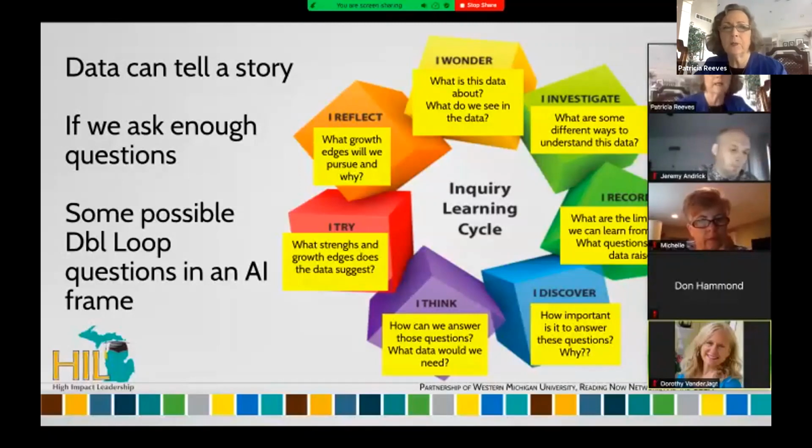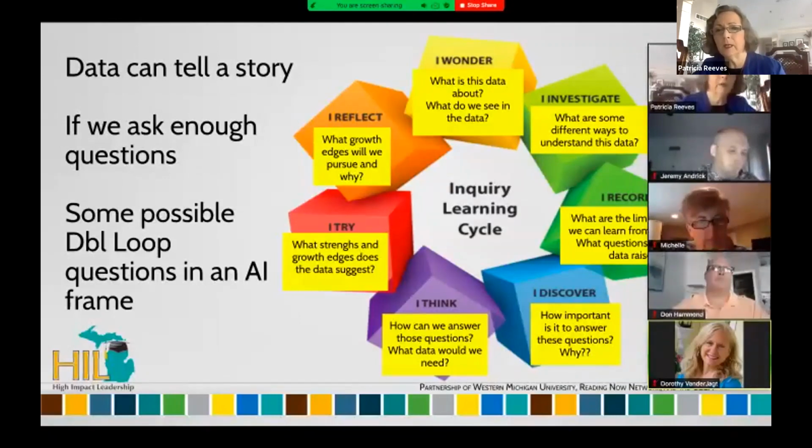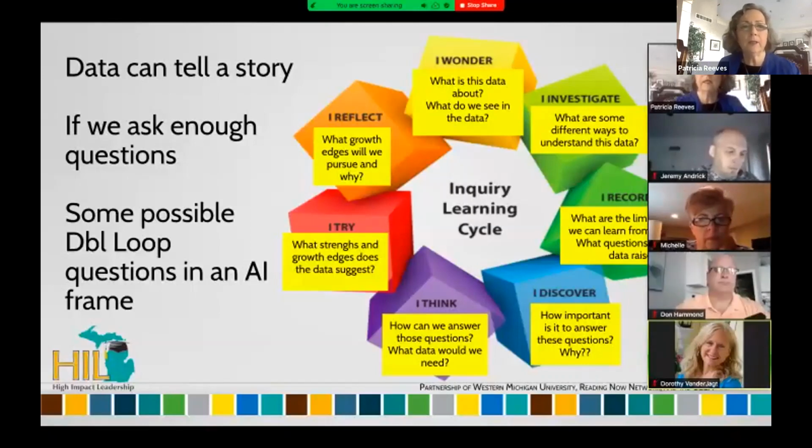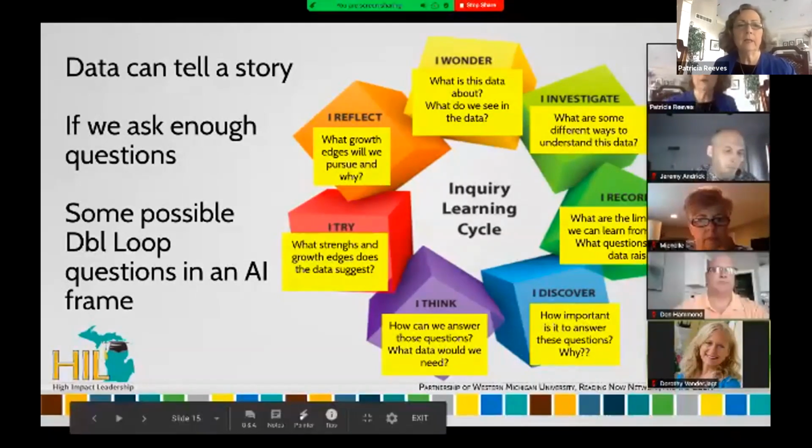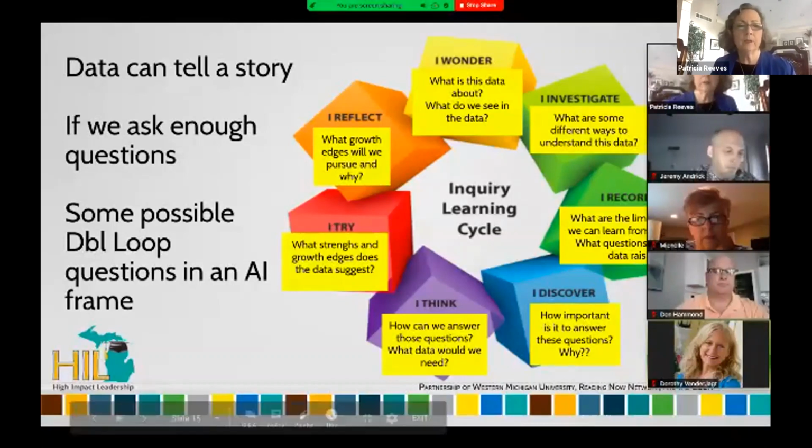What I've done is I've superimposed a lot of our appreciative and double loop questioning on top of a normal generic inquiry cycle so that we can see how to move through an inquiry cycle and really use double loop questioning to get at what's going on, get at what we can understand, get at what we don't know, and use what we don't know to generate further questions. If we ask enough questions, then data can start telling a really important story. And that's what the double loop and appreciative questions help us get at.